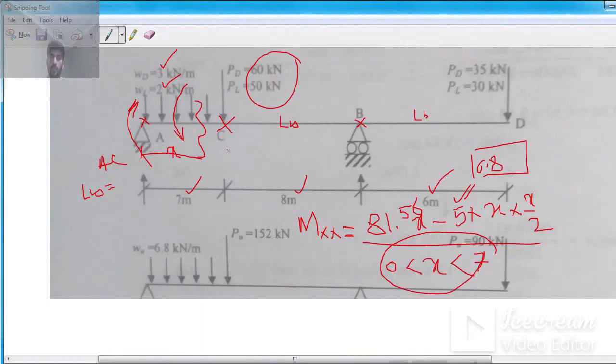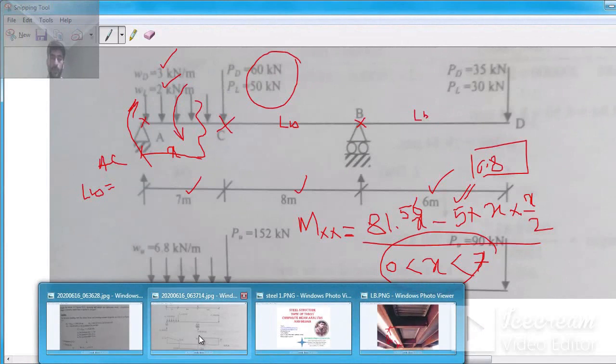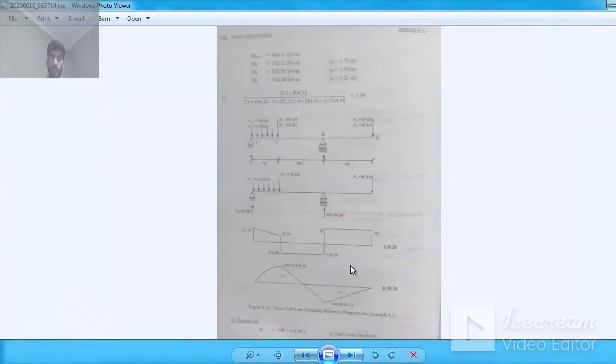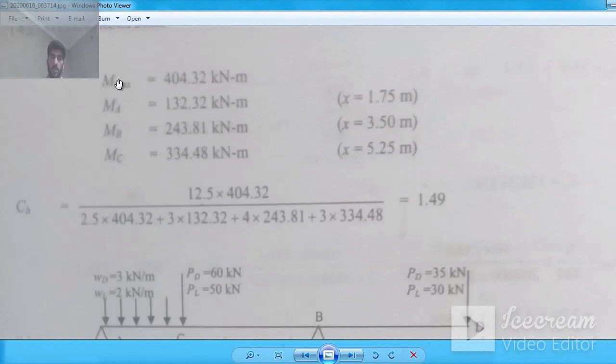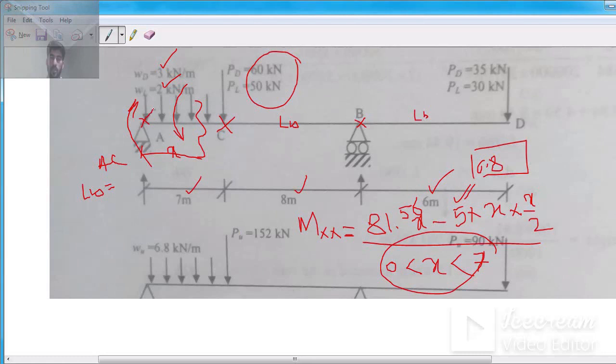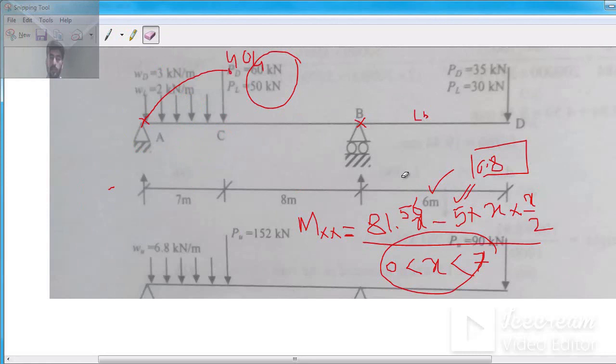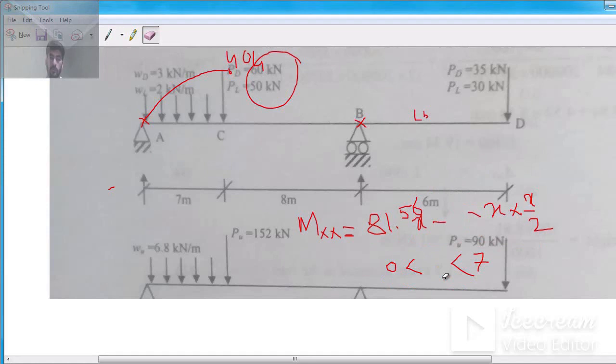Let's see what they can do. You see here the maximum moment for this portion is 404. You all know it. Now for this portion, and then it comes down.